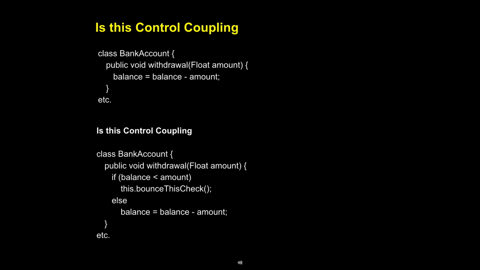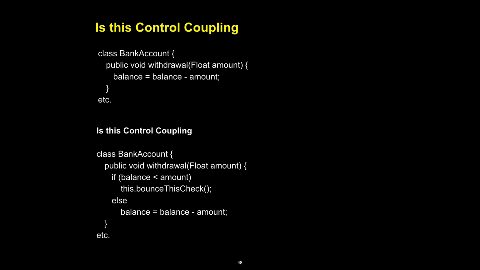Control coupling is, the intent is I pass in a 1 to turn the light off. I pass in a 0 to turn it on. I'm trying to control it, right? Here it's just, I want you to withdraw. And doing a withdrawal depends upon whether you have the funds to take their money out or not. So you don't want to hard code anything. You don't want to hard code the 1 and the 0 with the light on or off.